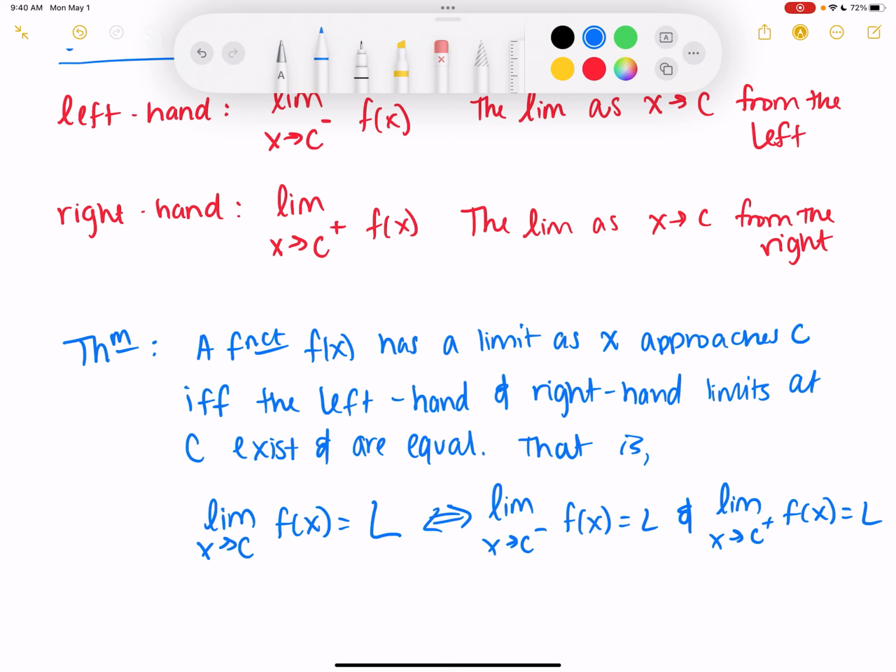And so some of this will also allow us to find points of discontinuity in a function using this information.